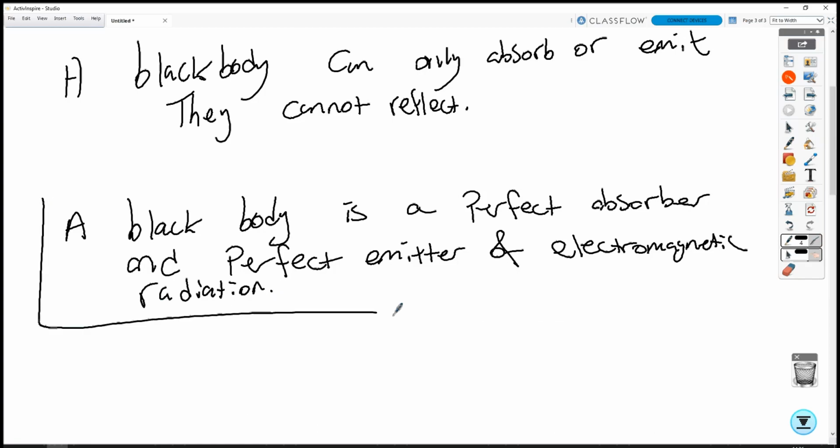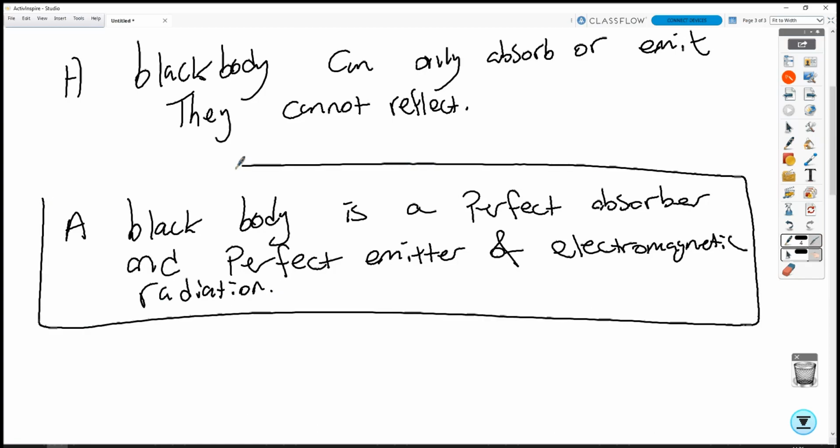Put a box around that because that's a definition that you'll need to use.